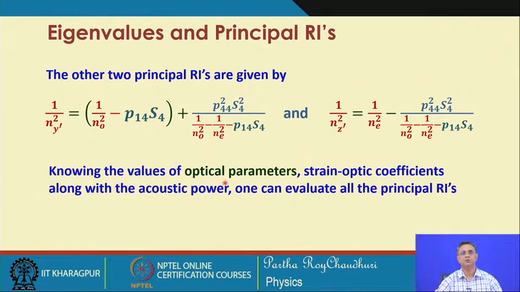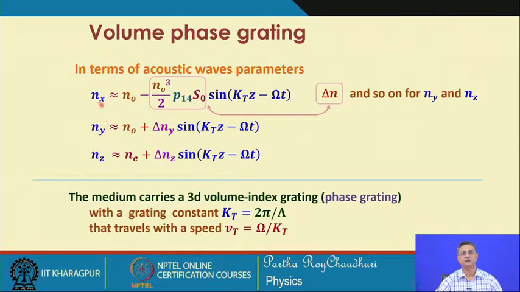Knowing these values of the optical parameters, that is n_o and n_e, the strain optic coefficients of the medium, that is lithium niobate, and together with the acoustic power we can calculate this S_4, and we can evaluate all the new induced refractive indices of the crystal in presence of the acoustic wave.